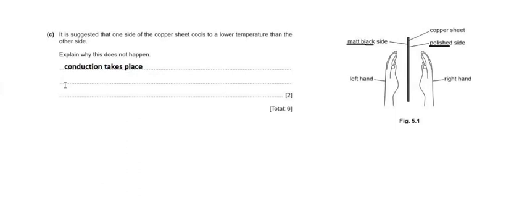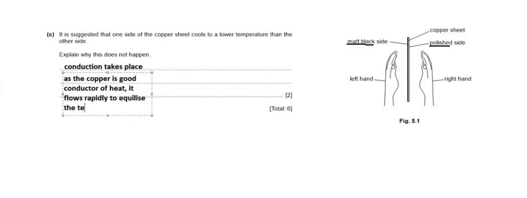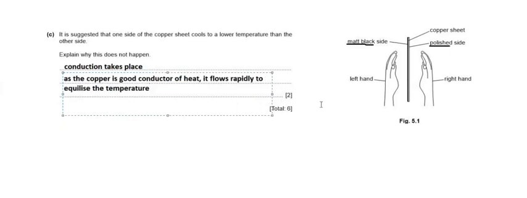And then you can write down: as the copper is a good conductor of heat, it flows rapidly to equalize the temperature.